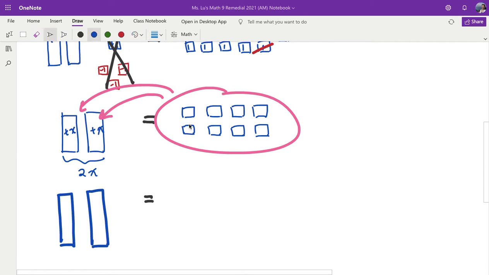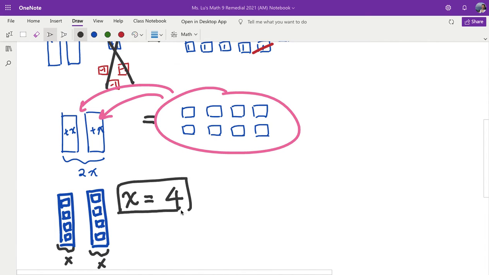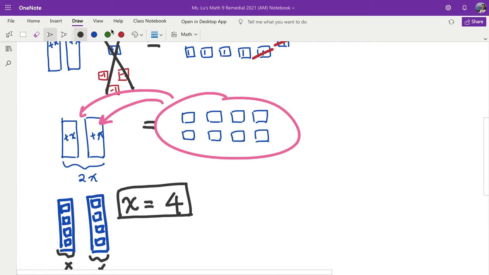So this is 1, 2, 3, 4, and 1, 2, 3, 4. As you can see, we still have 8 tiles. We're not removing or adding any tiles, and we're not removing any x tiles. So for each x, we have 4 little counters. So you can say x equals 4. Does that make sense?